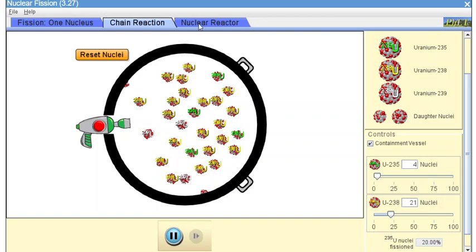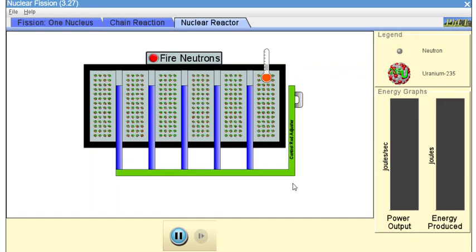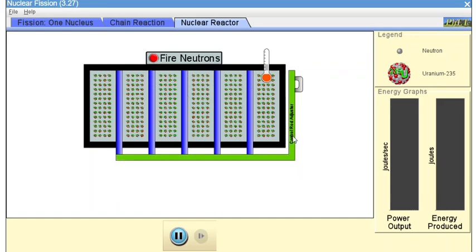And finally, we have what is a nuclear reactor. So I will reset this. In this nuclear reactor, we have 1, 2, 3, 4, 5, 6 different containers, right? We have these bars. These bars are basically, in a real nuclear reactor, graphite bars, right? And we can move the bars out of or into the reactor.